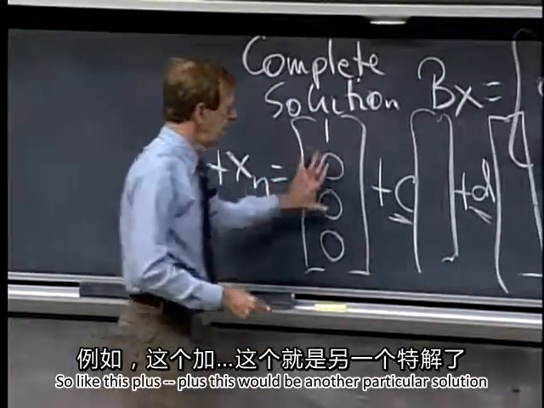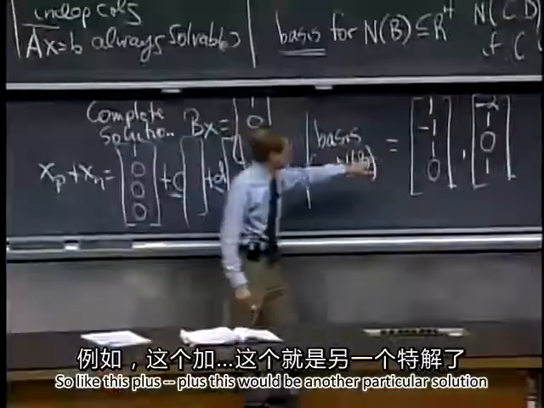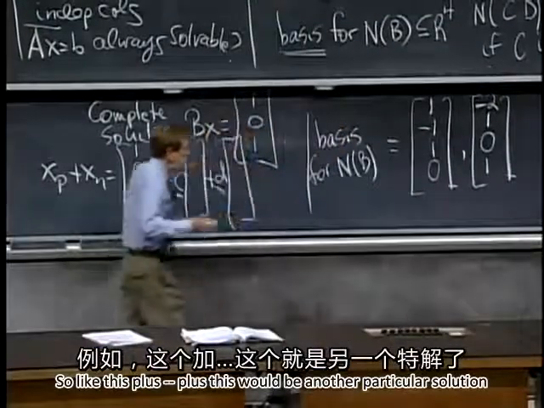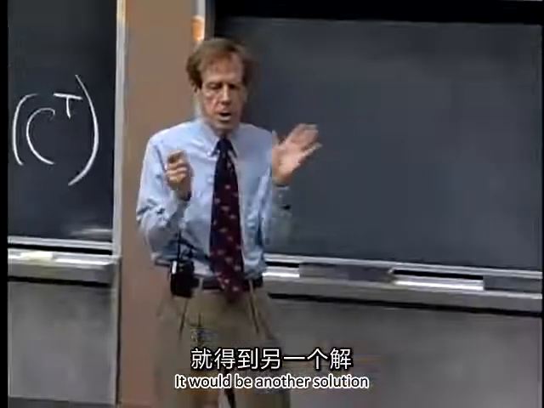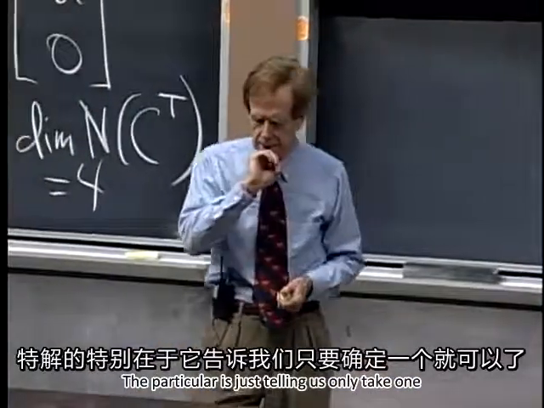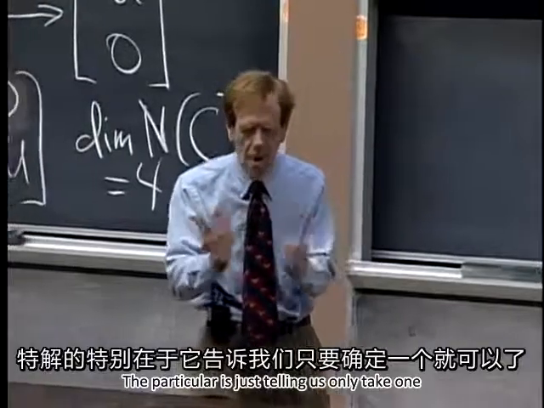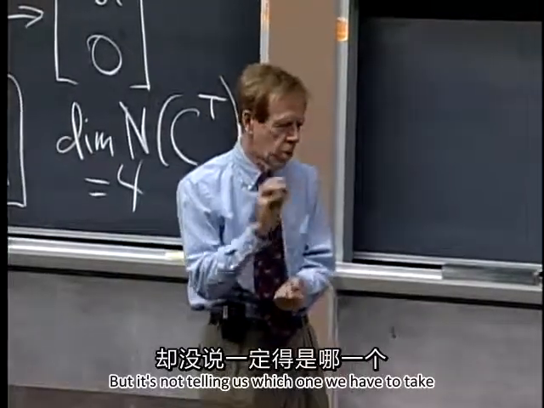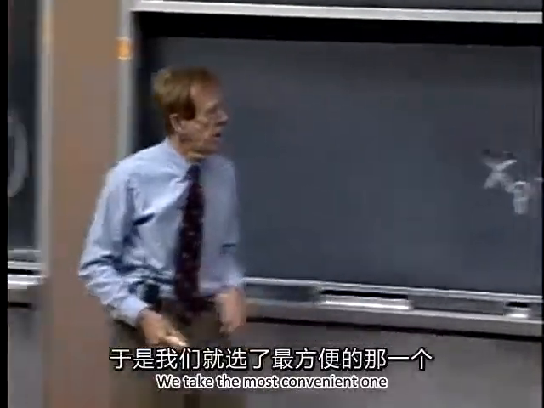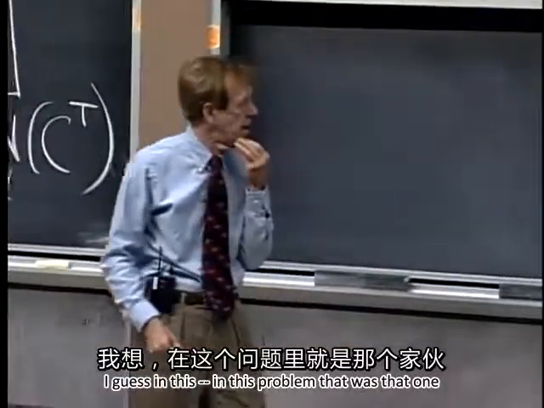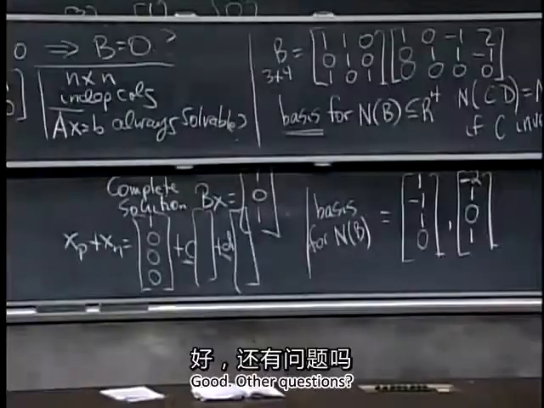Like this plus this would be another particular solution. In other words, it would be another solution. The word particular is just telling us to take one, but it's not telling us which one we have to take. We take the most convenient one. I guess in this problem that's that one. Good. Other questions?